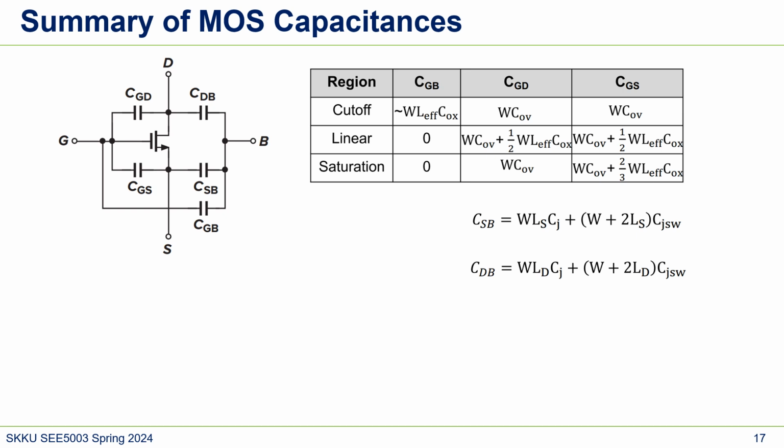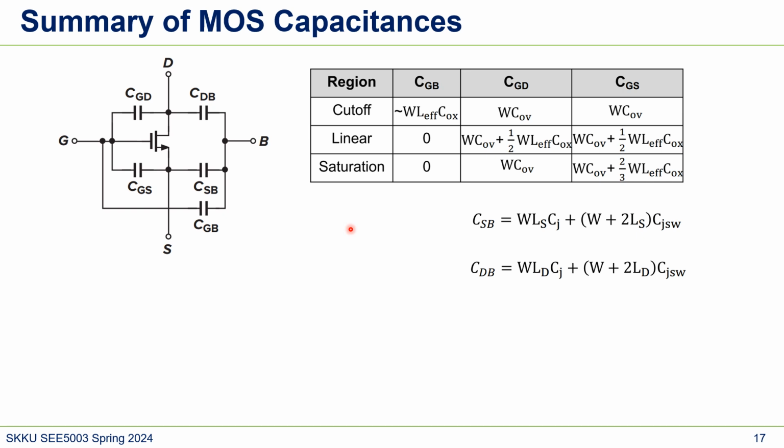Here's a summary. CGB, gate to bulk. We said that in cutoff we have something, the series connection of C1 and C2. But in linear and saturation, we ignore the CGB because the channel appears, because of the inversion.